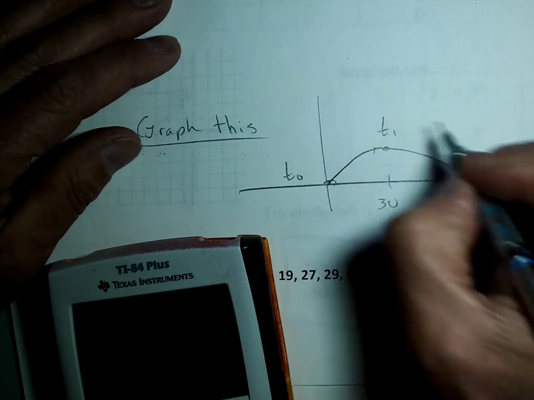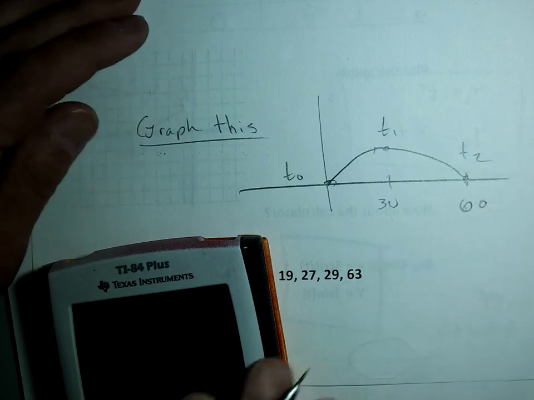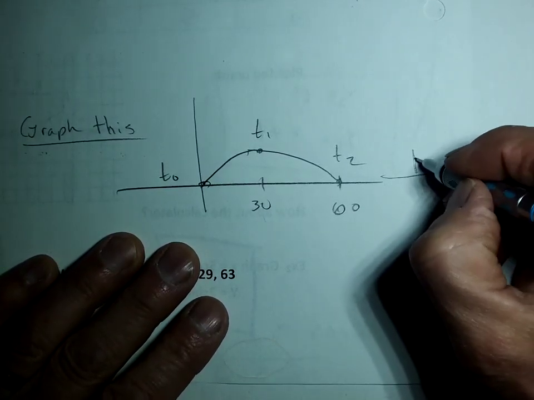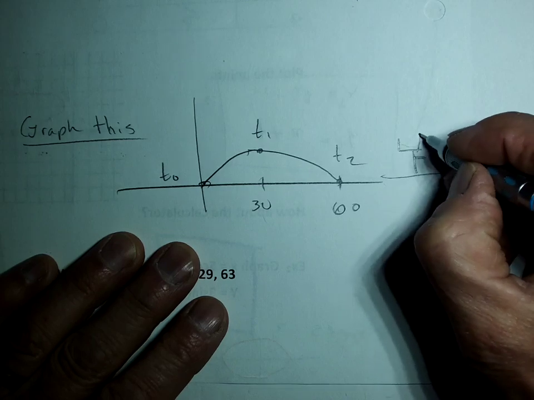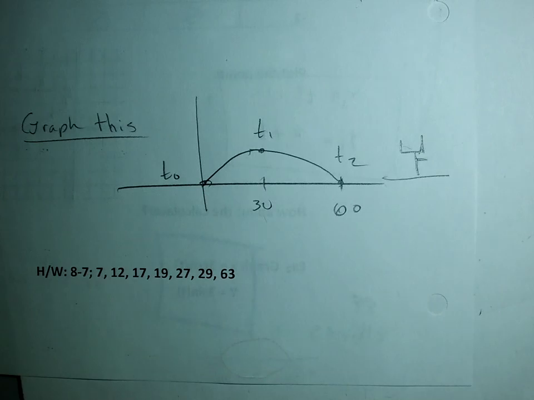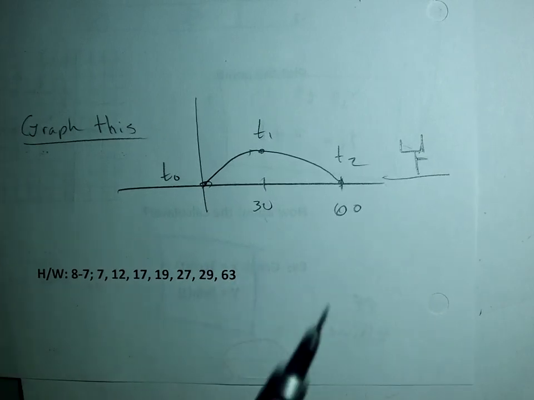T0, T1, and about T2, okay? My goalpost is sitting right here, right? There's my goalpost, and we lose. Wow, bummer, huh?